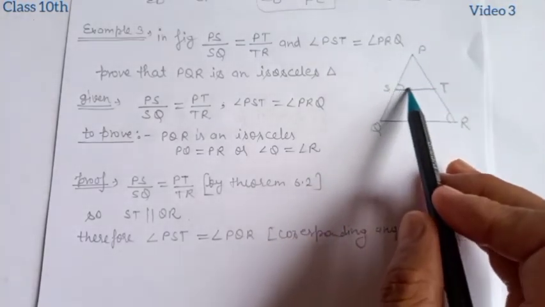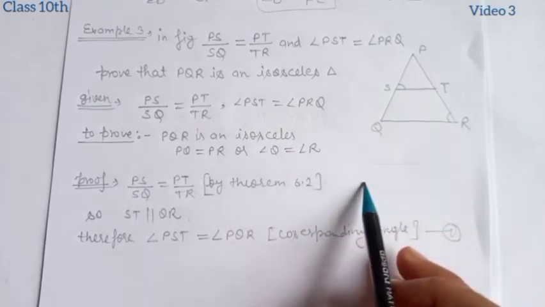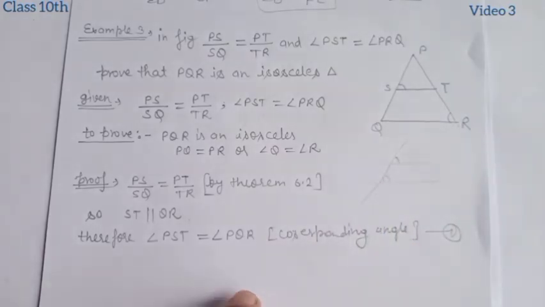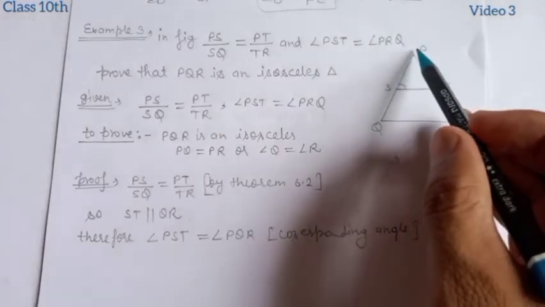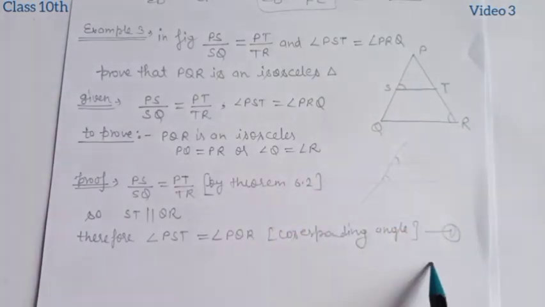Now you know that if this line is parallel to this, then these angles are corresponding angles. Similarly, students, here PST and PQR are both corresponding angles. Mark this as equation 1.